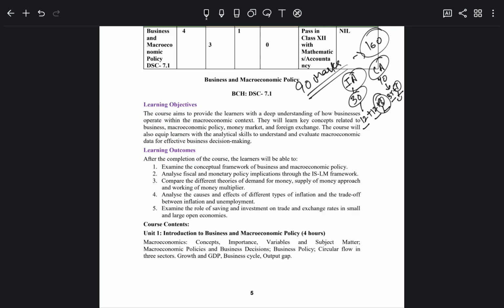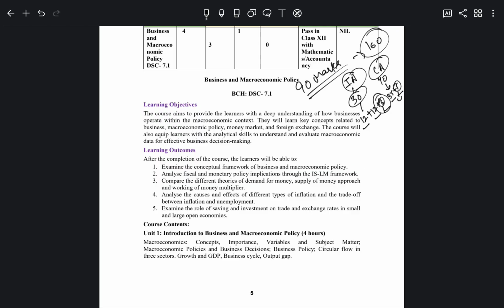After the completion of the subject, you will be able to use your analytical skills to understand and evaluate macroeconomic data for effective business decision making. The outcome of this course will be that you will be able to examine the conceptual framework of business and macroeconomic policy.